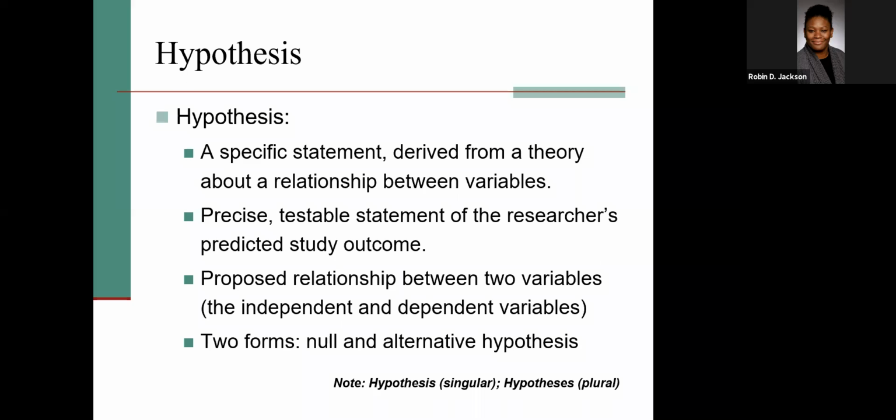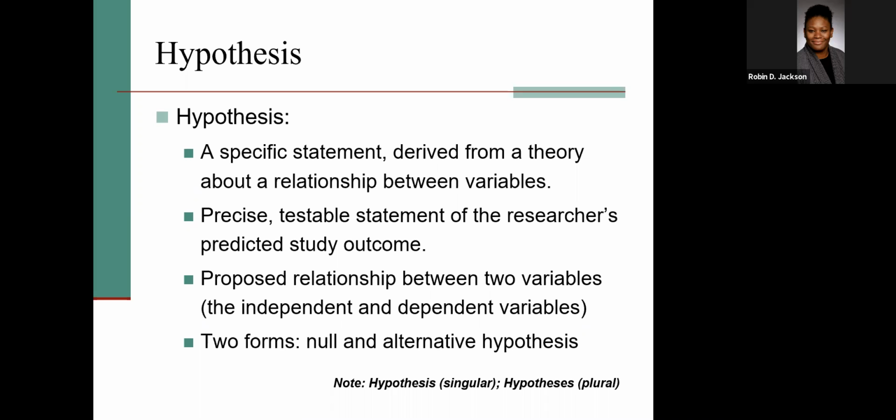Now, another definition that I pulled from the website Simply Psychology, because I want to make sure you understand there are other aspects to a hypothesis, something that goes beyond it just being a theory about a relationship between variables. A hypothesis is precise. Okay, it's clear and to the point. You don't want to put a whole bunch of stuff into the hypothesis.